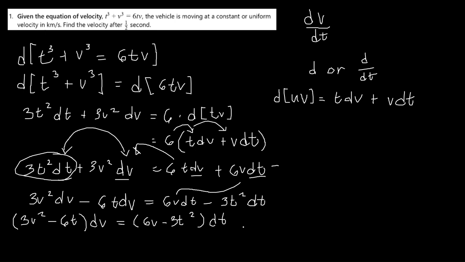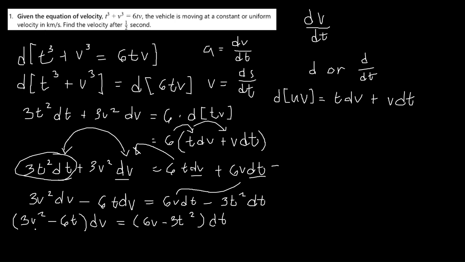Okay, now we're supposed to find dv, right? Because acceleration is dv over dt, whereas the velocity should have been ds over dt, but it's said here that the vehicle is moving at a constant or uniform velocity, kilometers per second.